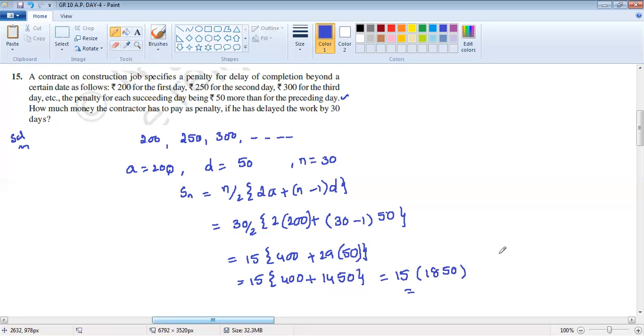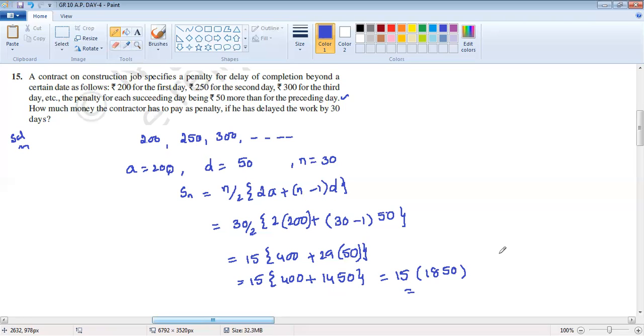What is the value? 27750. So you mean 27,750 rupees, right?